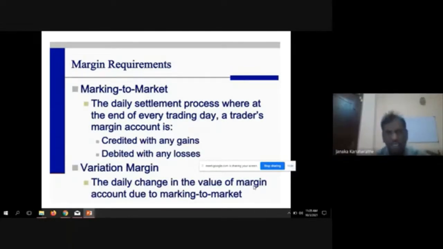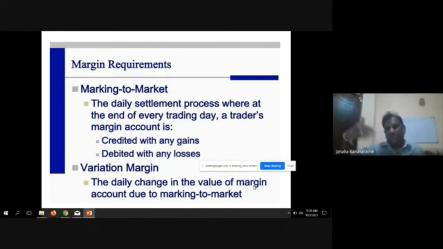Okay, so let's move on to the margin. These are just background information about these derivatives. We will move shortly to the real risk management part. Marking to market is a daily settlement process where at the end of every trading day, the trader's margin account is credited with the gains and debited with any losses.